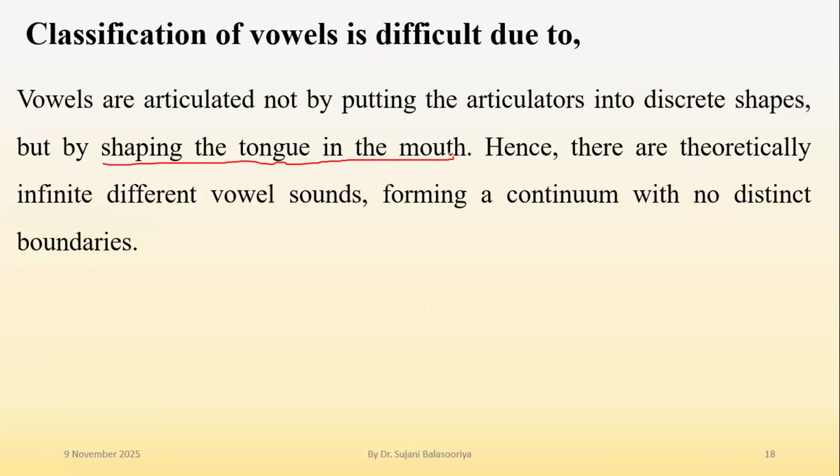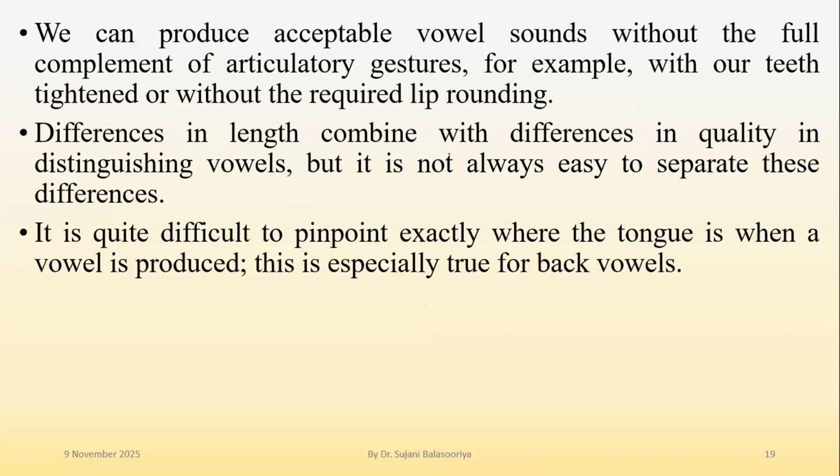Well, so please refer to the note. Yes, we can produce acceptable vowel sounds without the full complement of articulatory gestures, for example, with our teeth tightened or without the required lip rounding. Okay, we can produce vowel sounds.